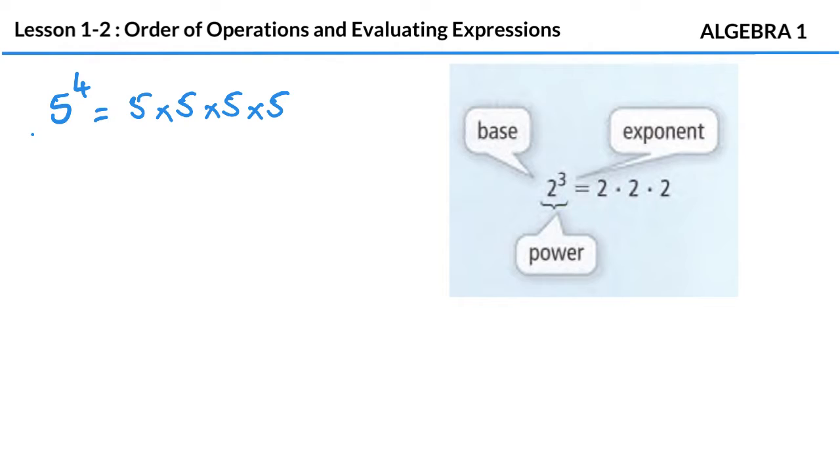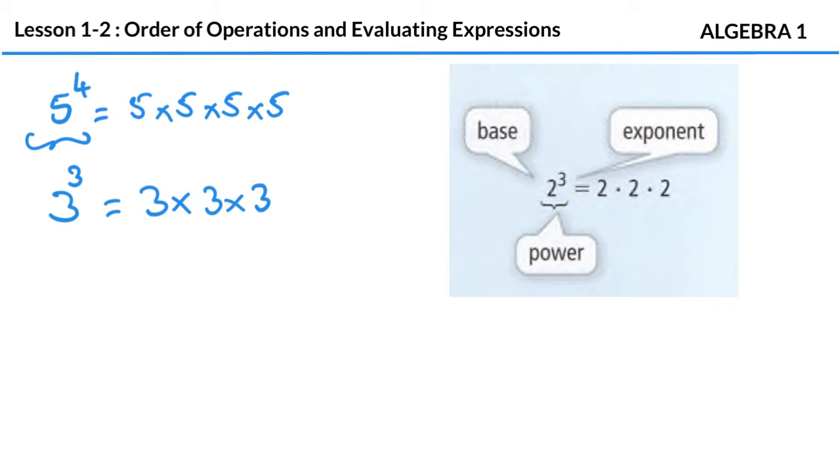That is what this is, 5 to the power 4, where 4 is the exponent and 5 is the base. What does 3 to the power 3 mean? It means 3 times 3 times 3. So we understand what power means, we know what base is, we know what exponent is.